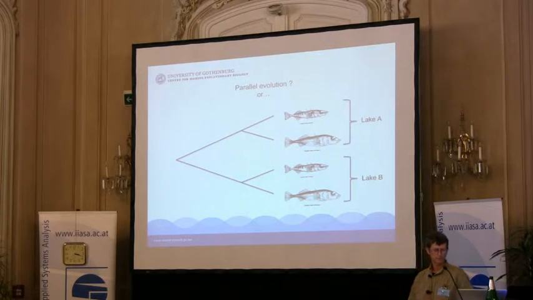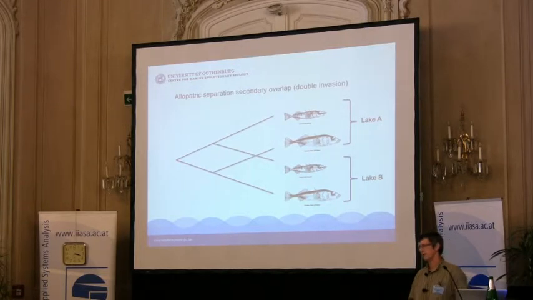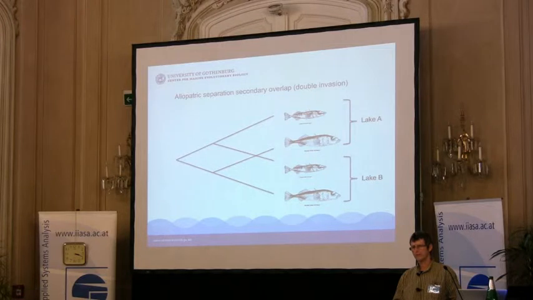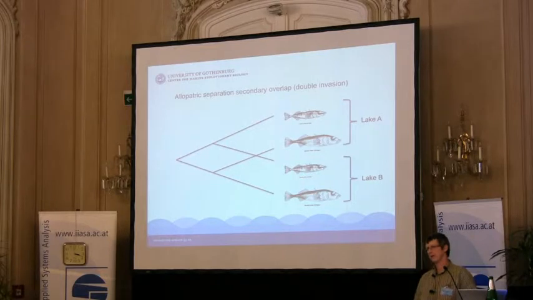However, it's quite easy to come up with alternatives that will eventually look quite similar if you do a phylogeny. One example is a secondary invasion, a double invasion. That is, you have an allopatric separation and origin of the two ecotypes, and they come together.